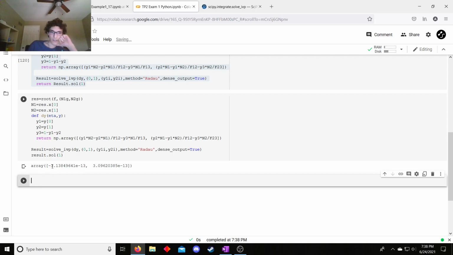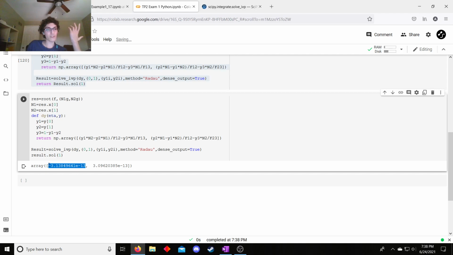We get negative 3 times 10 to the negative 13th. We're expecting 0. This is not 0, but this is basically 0. It's probably due to a rounding error from the computer, but this is kind of what we're looking for here.